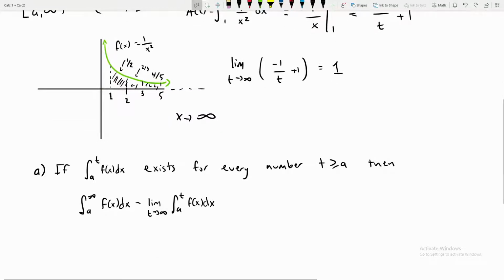So this brings us to the first part of type 1, basically infinite interval improper integrals.